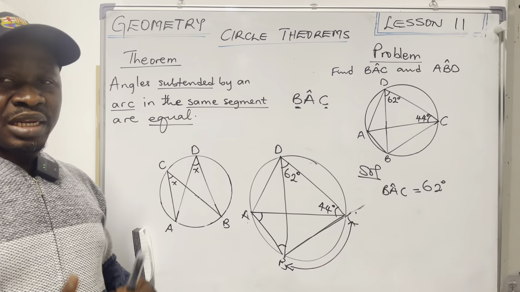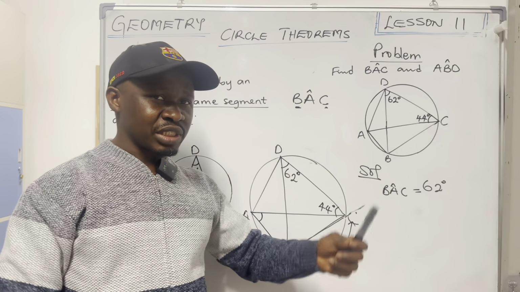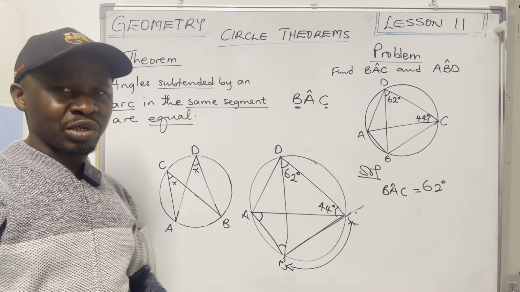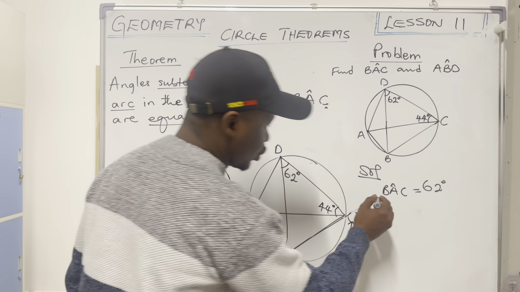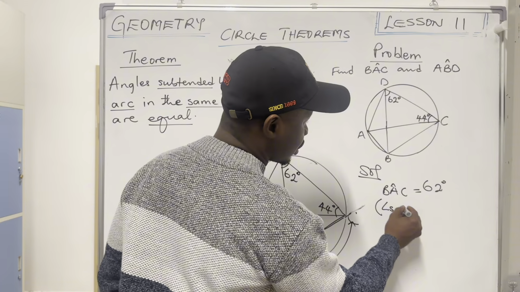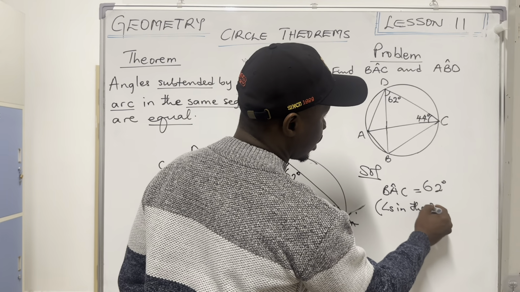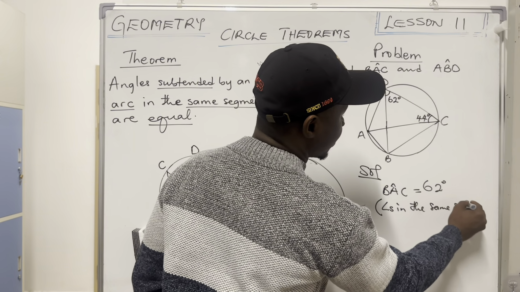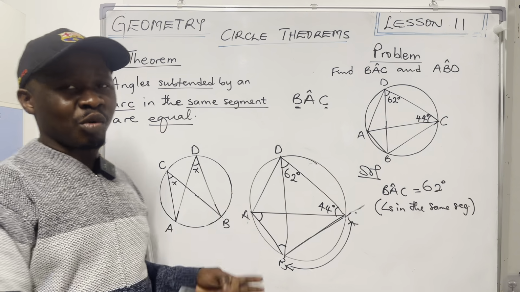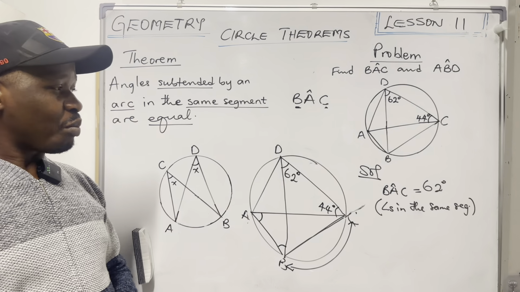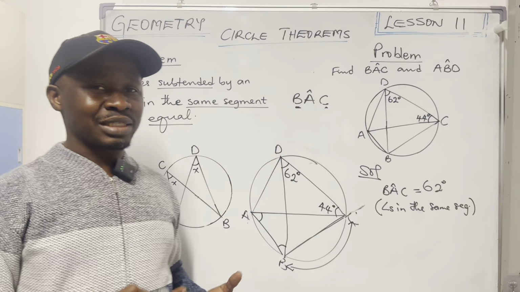But in geometry, mostly we are interested in knowing the reason you say this is equal to this. The reason you say this plus this equal to 180, this plus this equal to 360. We are always interested in the reason. So what do we say? We say angles in the same segment. Not only angles in the same segments are equal.